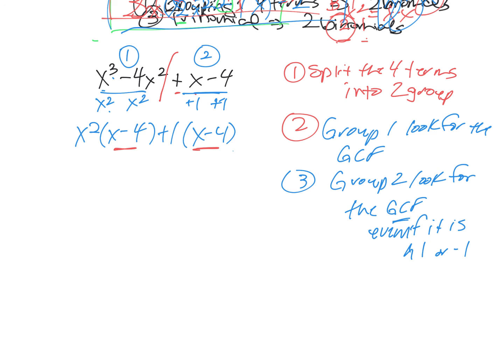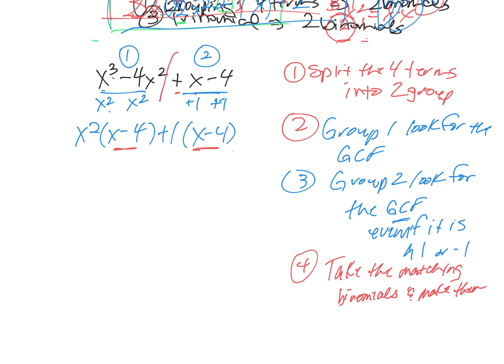So what happens then, we are going to take the matching binomials. They will always match, okay? Matching binomials, and make them one binomial. Because now these are the greatest common factors. So I'm going to bring these down, and I'm going to say x minus 4. And I'm going to get rid of them. And then what is left?